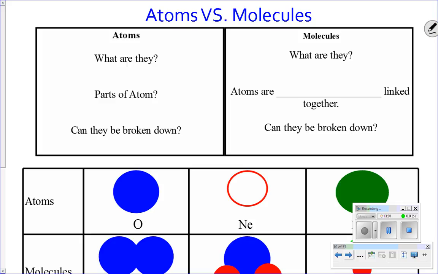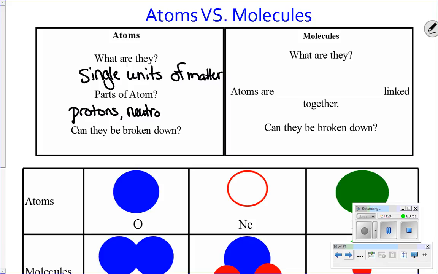Just to clear up a little bit of terminology when we look at pictures and we have to talk about identifying different types of matter. Atoms are those small single units of matter. As you may remember, they consist of protons, neutrons, and electrons.